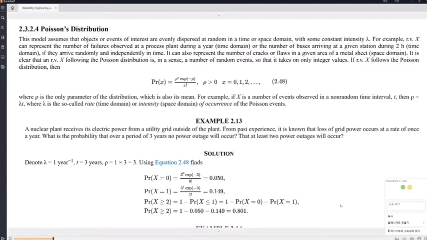This model assumes that objects or events of interest are evenly dispersed at random in time or space domain with a constant intensity lambda. In that case, the random variable x is the number of failures observed, or the number of events observed at a process plant during a year or something.